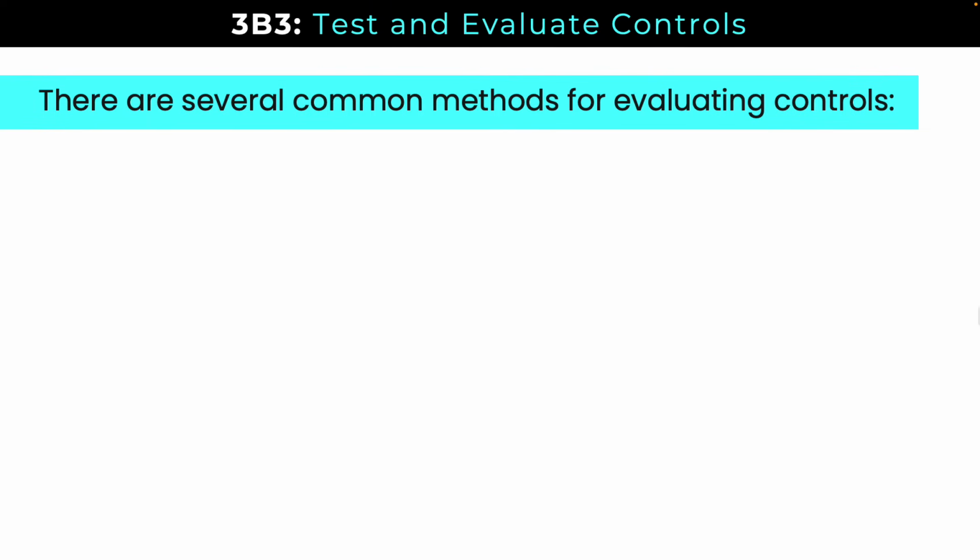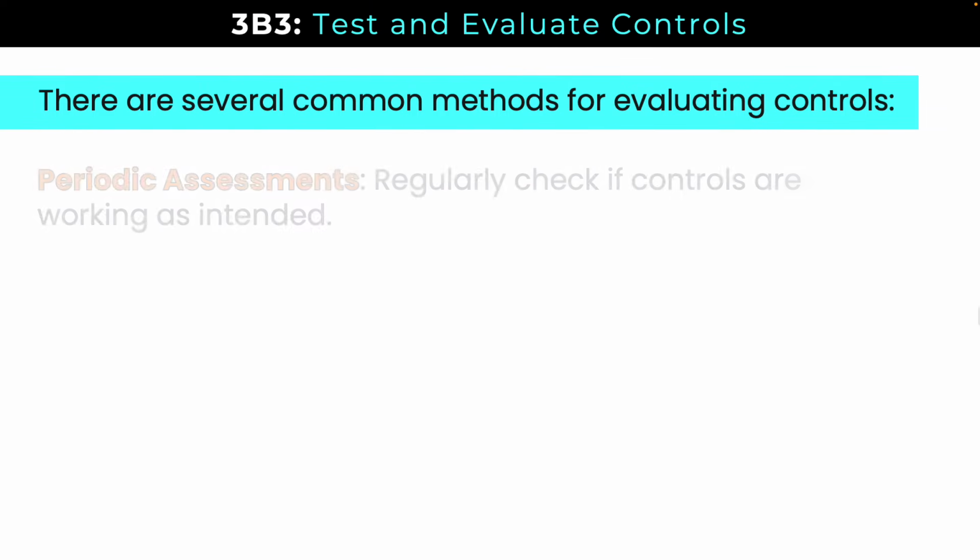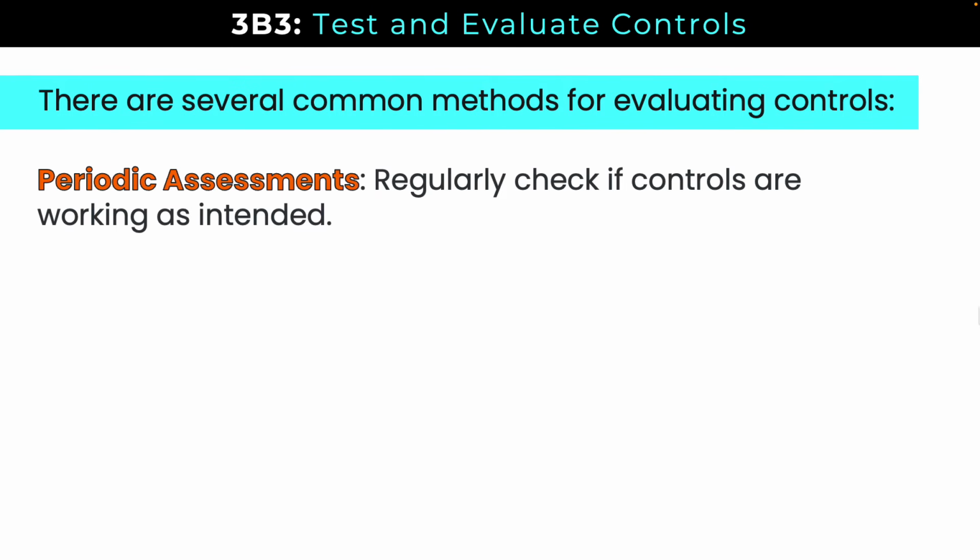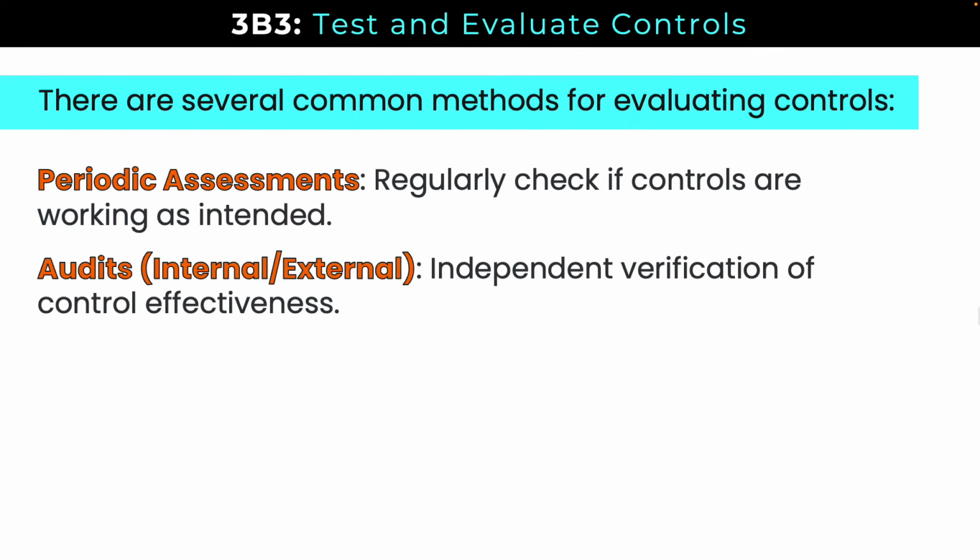And there are several common methods for evaluating controls. One of those is periodic assessments, just regularly checking if the controls are working as intended. We can do some ad hoc assessment internally. Audits, whether those are internal or external, getting some independent verification of control effectiveness.